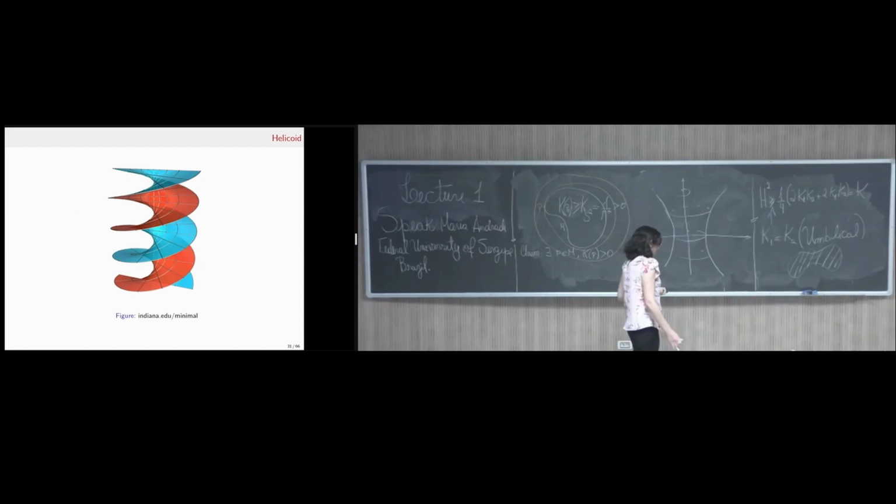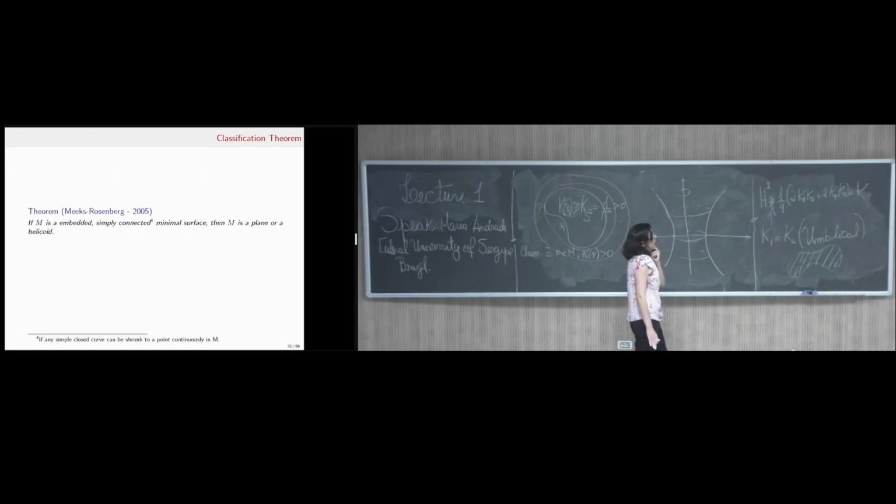But later in history, you can ask what more surfaces exist. Okay, this is the history of minimal surfaces. The helicoid is a very beautiful surface, and you can see this image on this site.